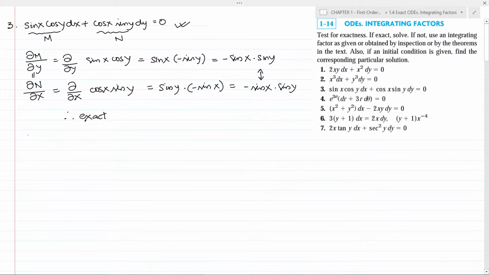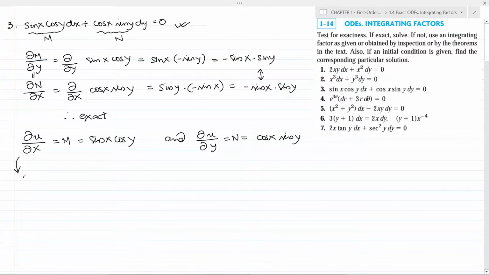Now we have to find a function u such that del u by del x equal to M, which is equal to sin x cos y, and for the same function u, del u by del y equal to N, which is equal to cos x sin y.